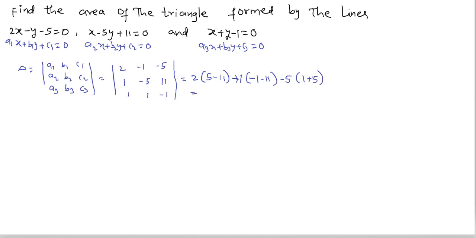So that is equal to 2 into minus 6, minus 12, minus 30, minus 50. We find delta 1.